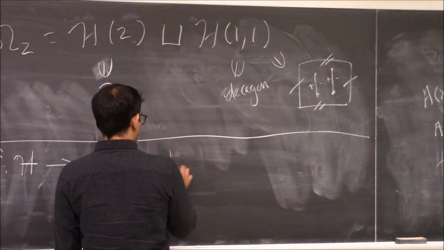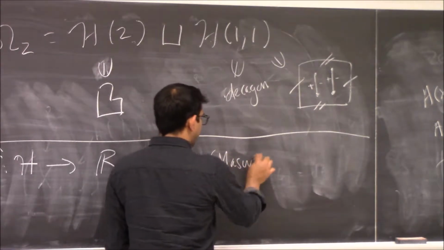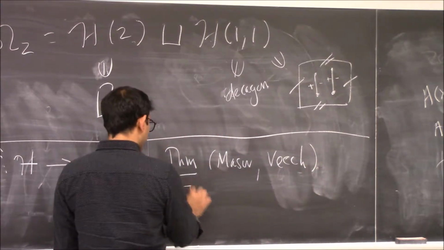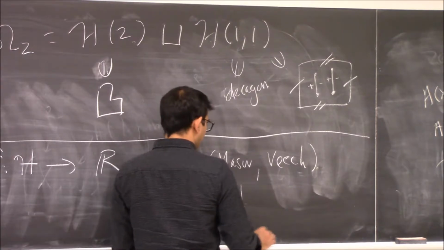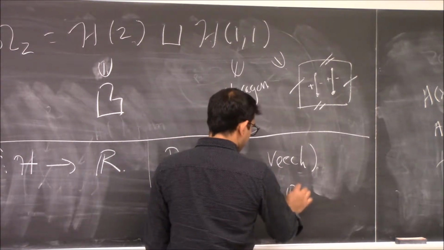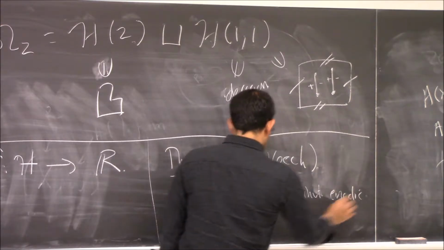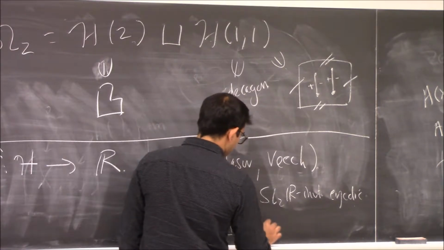Another beautiful thing, and this is a deep and non-trivial theorem independently due to Masur and Veech in the early 80s, is there exists a natural SL2R invariant ergodic finite measure.